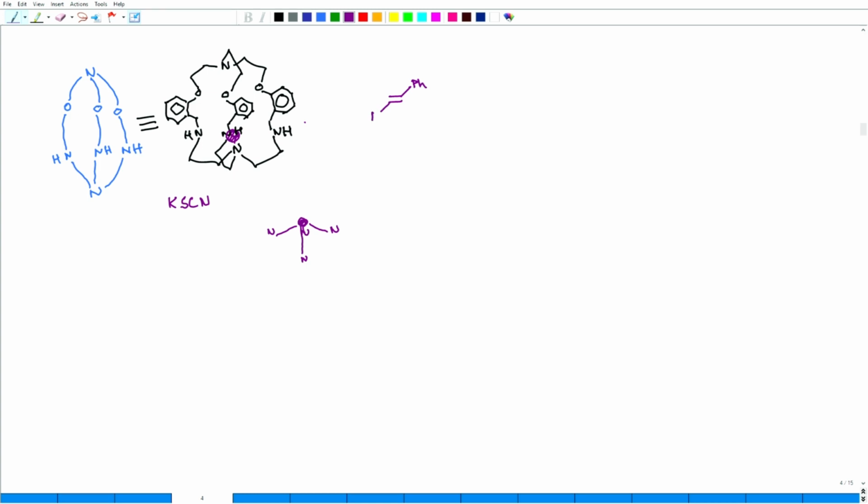I am writing a few only. We get quantitative transformation from olefin to epoxides, and this is benzylic.